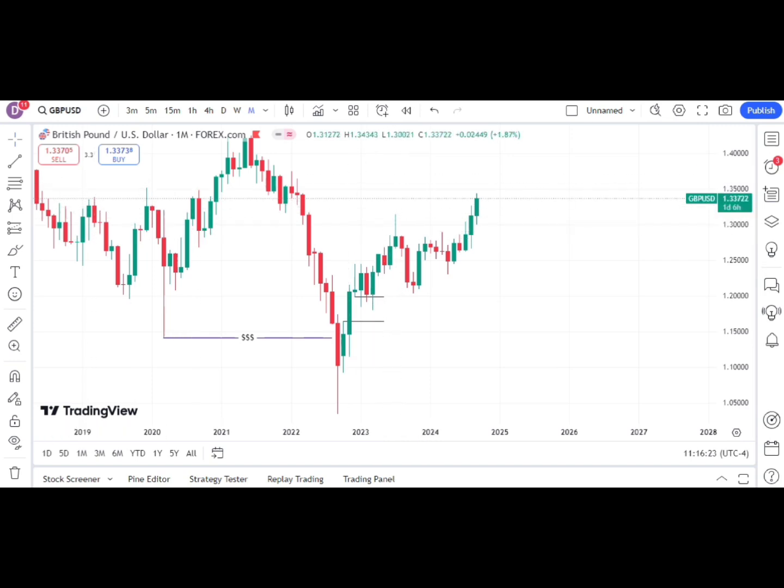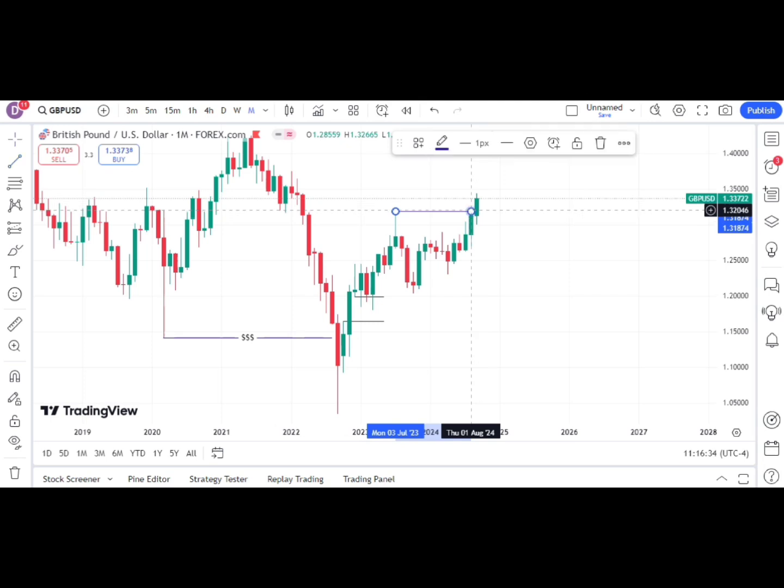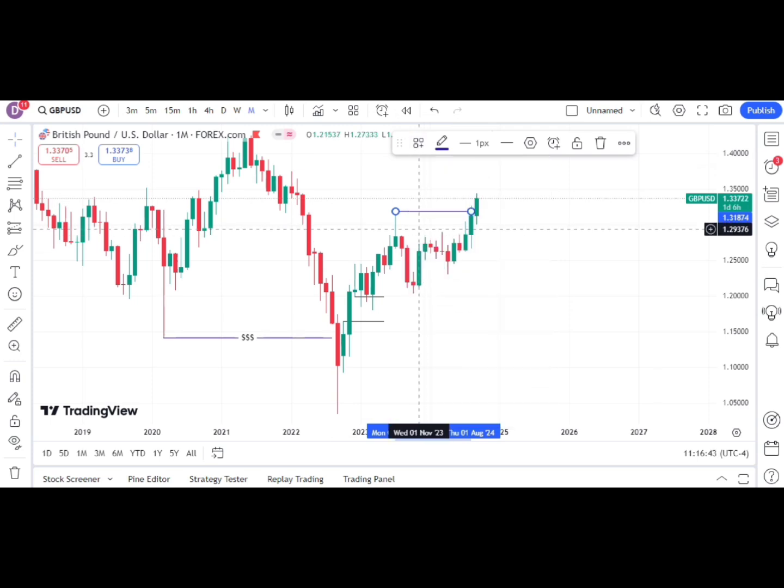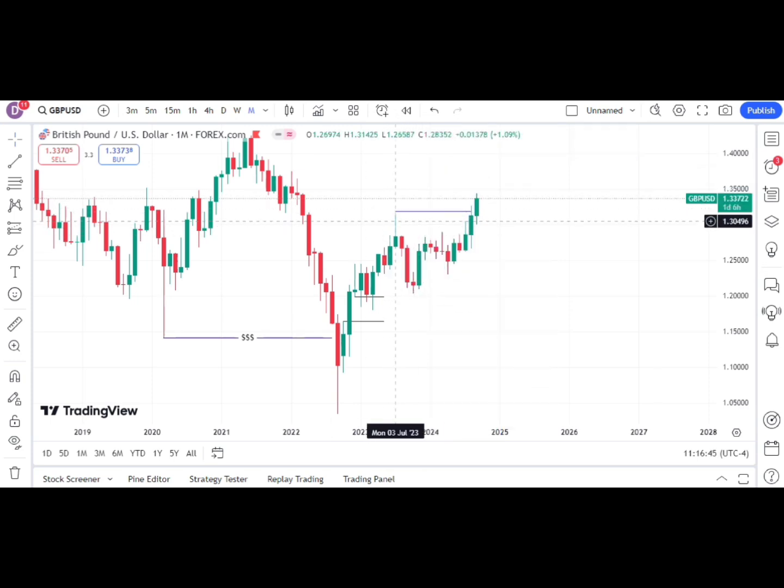We created a swing high, which we would later see as buy side liquidity. This is where we have some people selling, and price quickly went down. So this swing high right here is going to be our buy side liquidity.